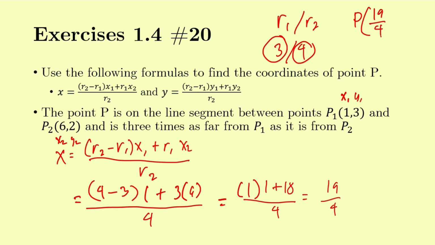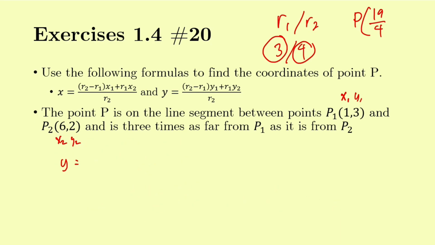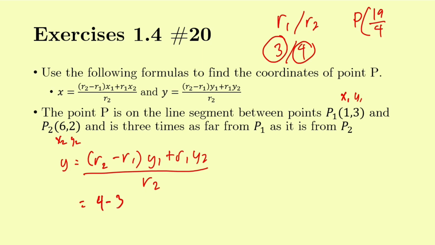For the other coordinate, which is the y coordinate, we will use the formula for y. Y is equal to r sub 2 minus r sub 1, y sub 1 plus r sub 1, y sub 2 all over r sub 2. Let's plug in the values. 4 minus 3 times 3 plus 3 times 2 all over 4.